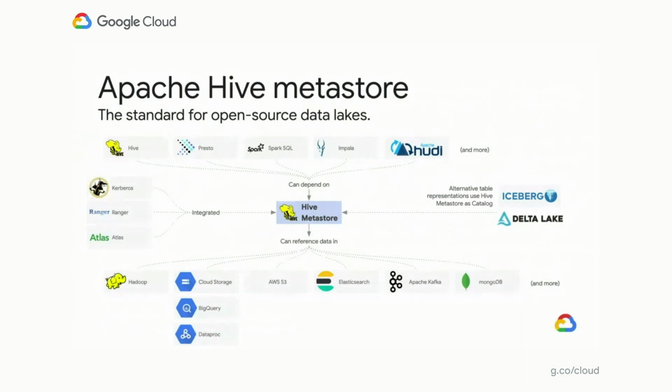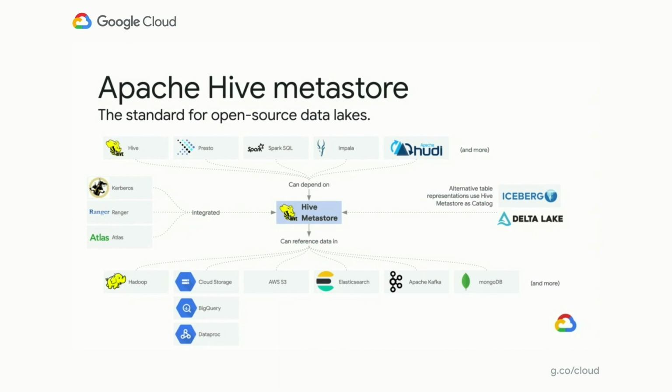The Apache Hive Metastore is really, as far as we see it, the open standard for data lakes. There's a lot of tooling that depends on the Hive Metastore, things like Hive, Presto, Spark, Impala, Hootie, and many more. There's also an emerging set of open source that uses the Hive Metastore in data lakes, things like Iceberg and Delta Lake.